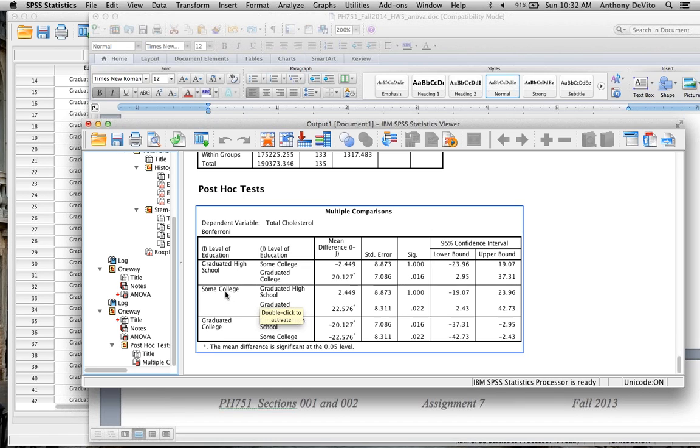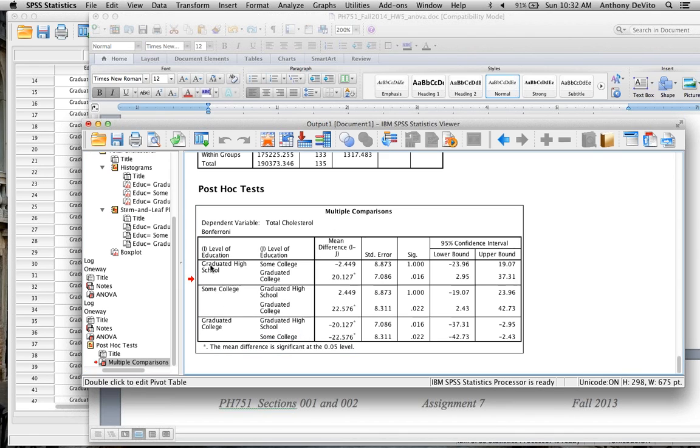How about some college versus graduated high school? Note that doesn't work. We just did that same analysis up here. Notice it repeats all of them twice. Some college versus graduated college: that difference is significant. So we have two areas of significance here.